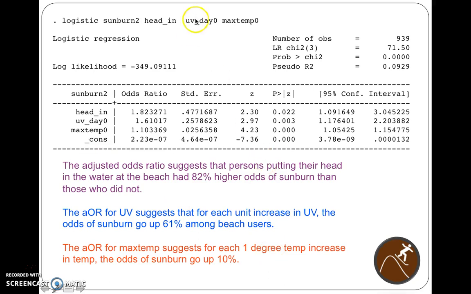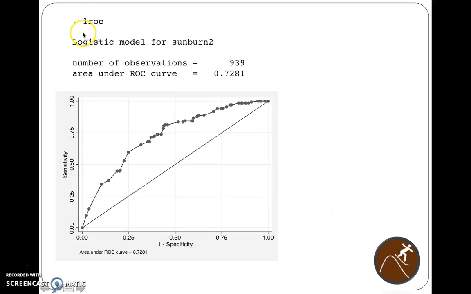Alright, so that's our model. Now remember, there were two things we wanted to look at: model discrimination and model calibration. To look at model discrimination, we have that very simple, easy 4-letter command. Type in LROC and hit enter. That will give us the area under the ROC curve that compares the sensitivity against 1 minus the specificity.